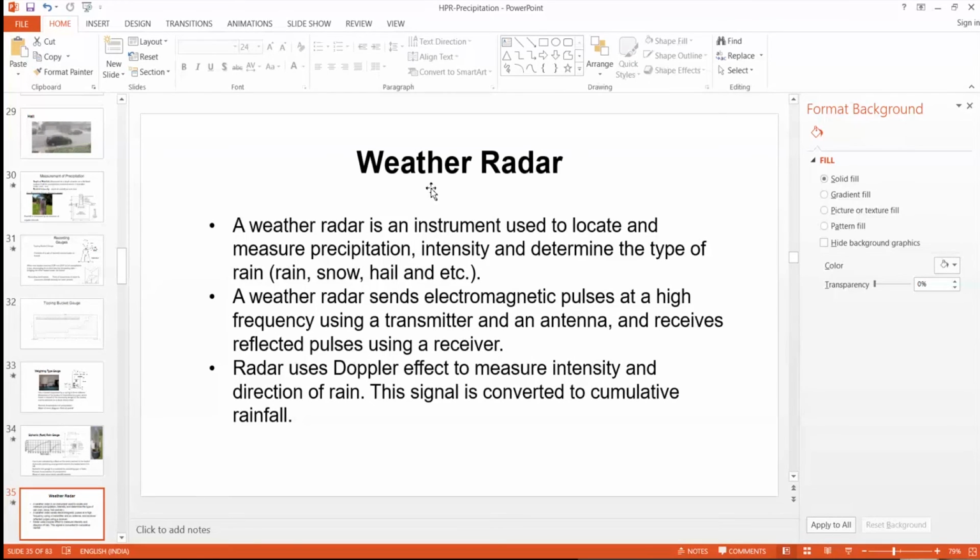The advantage of this weather radar is that it can measure rainfall in a bigger catchment area, because with rain gauges we need many rain gauges in a catchment.